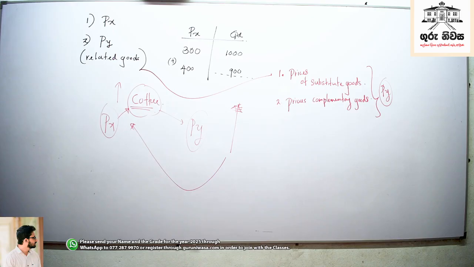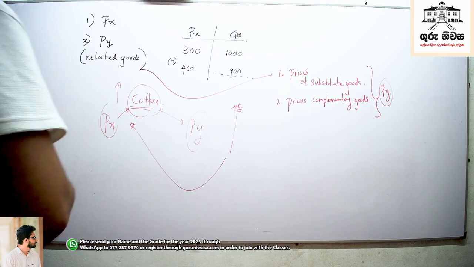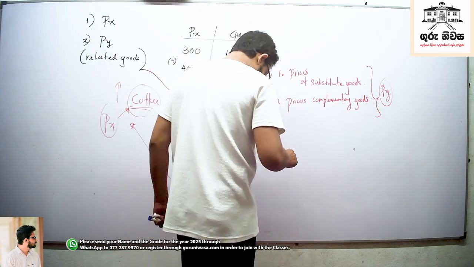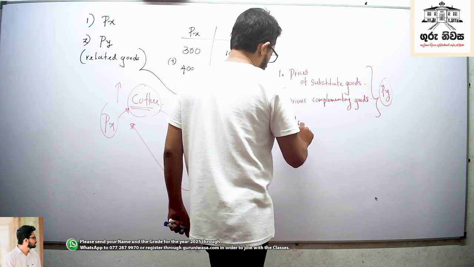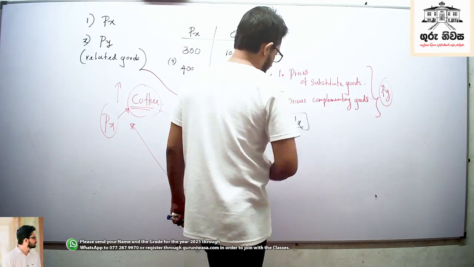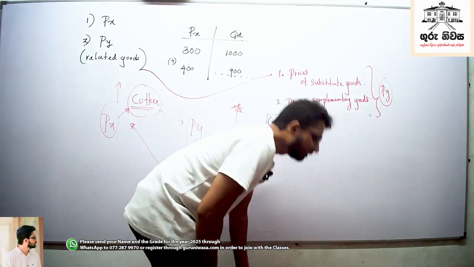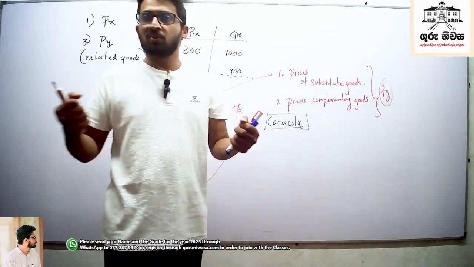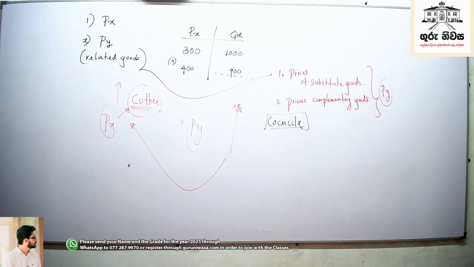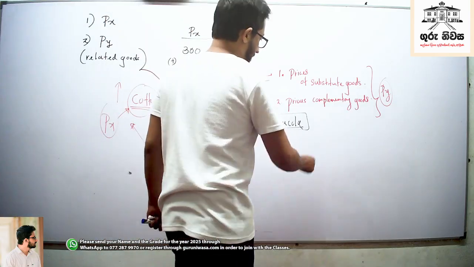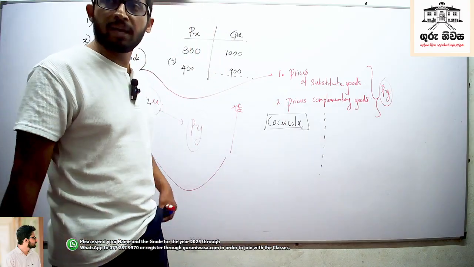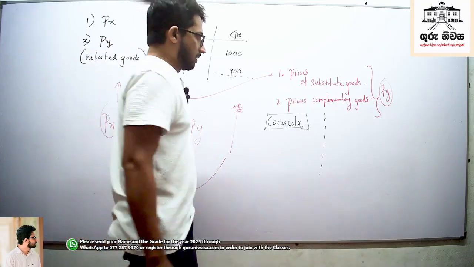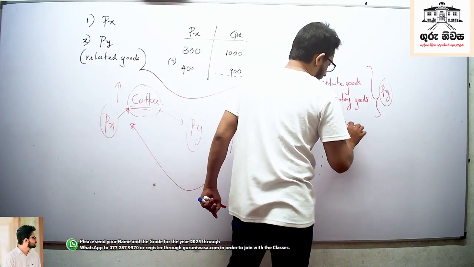Example, Coca-Cola and Pepsi. I say sugary drinks. They take some water and add some sugar and some chemicals and flavors, then say Coca-Cola. Pepsi is also the same.